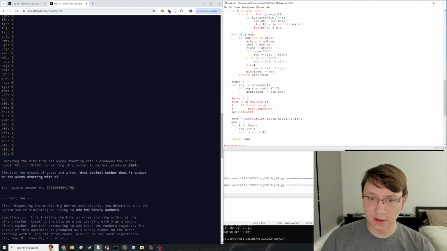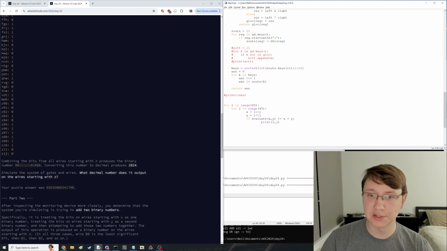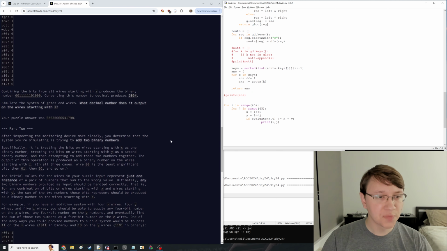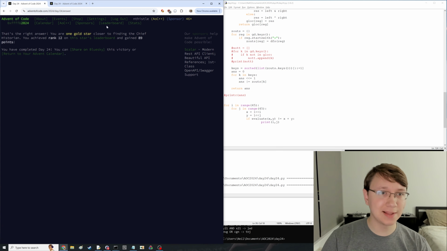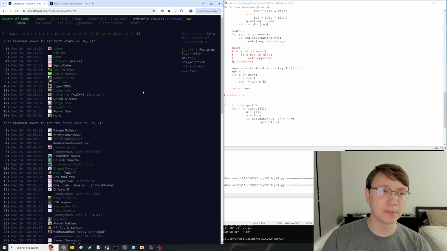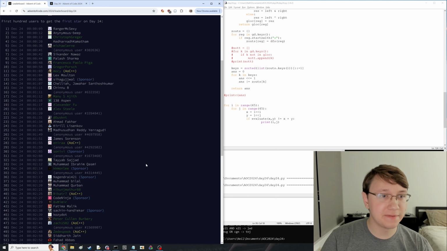So we just do that, and then this is just me extracting the bits out of this and stuffing them into an integer. So that's part 1. Pretty straightforward, and because of that, you can see that reflected on the leaderboard. Lots of very fast times where you just kind of do it.